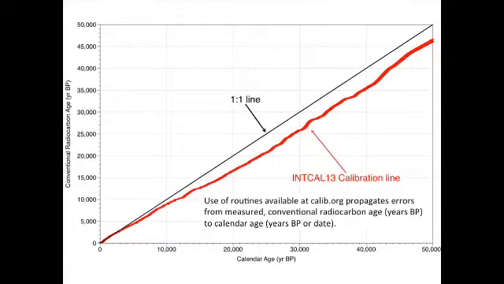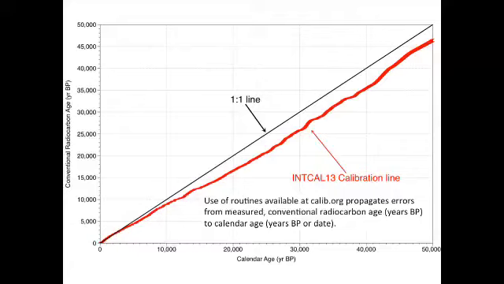That corresponds to an actual calendar age in calendar years rather than radiocarbon years, as shown here. And you can see that in general, throughout the applicable range, at 50,000 years, you're almost 10 half-lives back, which means there's practically no carbon-14.